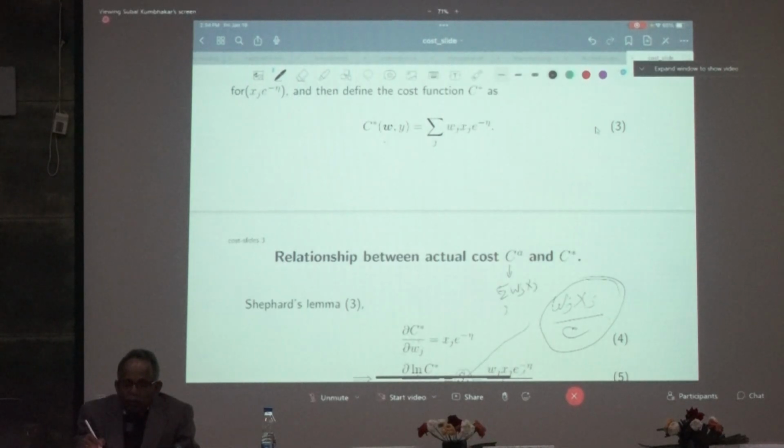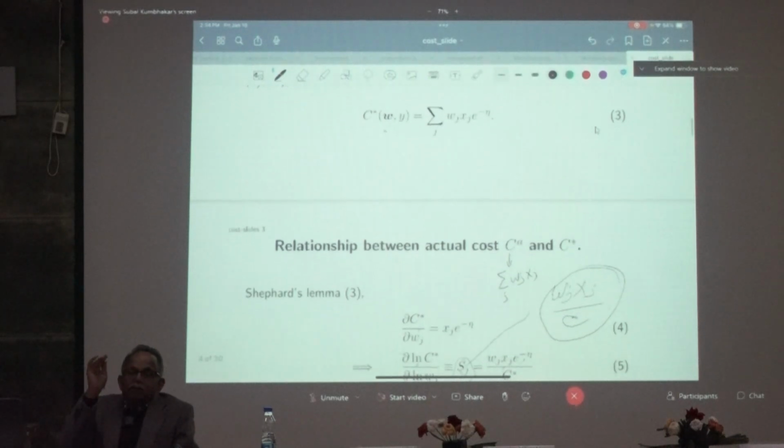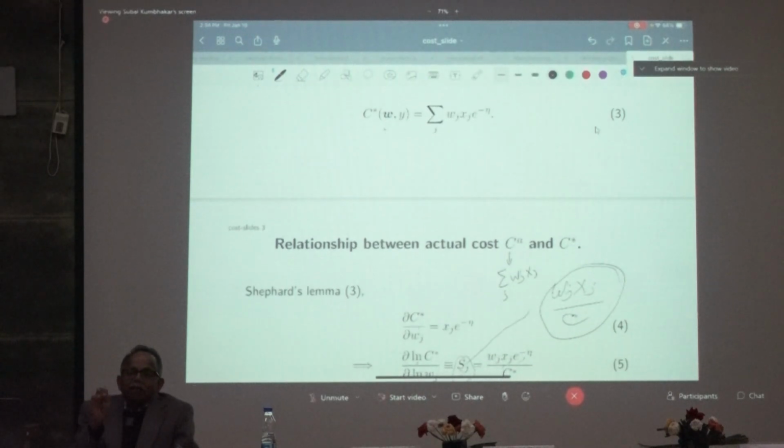So we have to show the link between, sorry about the handwriting in here, how actual cost is related to the optimal cost. Now there are a few lines of math, but think in terms of this. Because of inefficiency, every input is increased by 10%, for example. So can you tell me by how much cost is going to be increased?